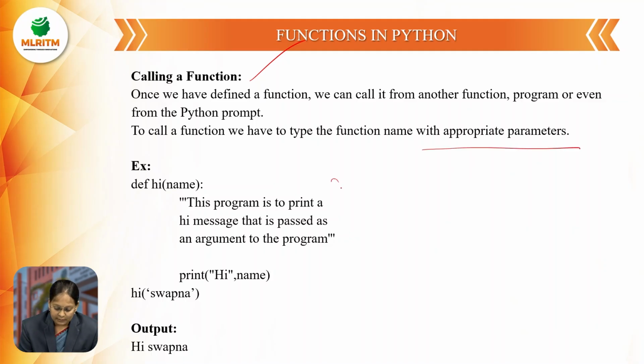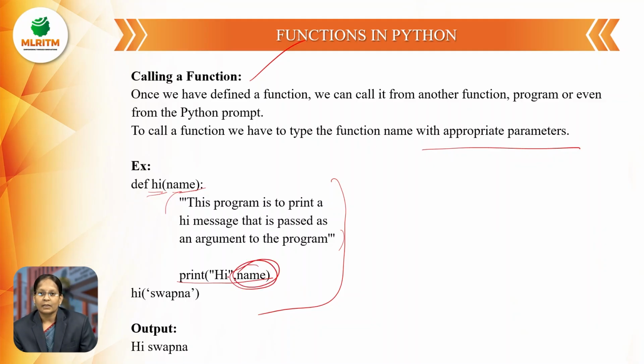So here we have the example def hi(name). Hi is the function name, name is a parameter name, and this is the doc string. Here we are printing hi, comma, name. So what is the name here? This name comes from the calling function. So here we are calling hi('Swapna'). Swapna is a string, that's why we are indicating it in single quotes.